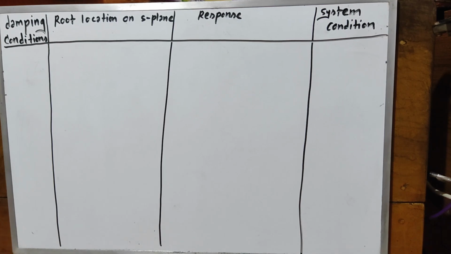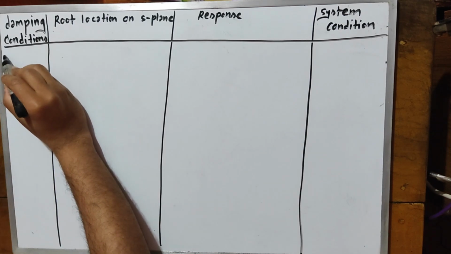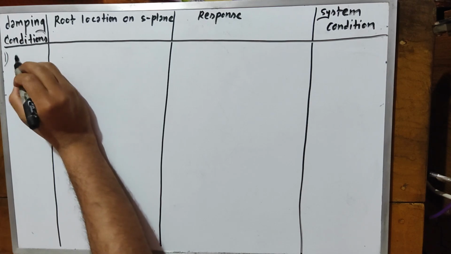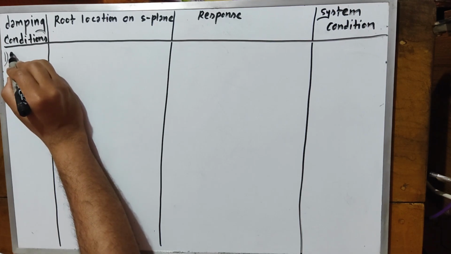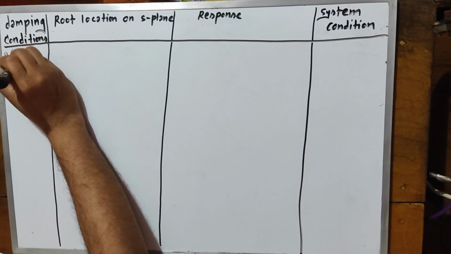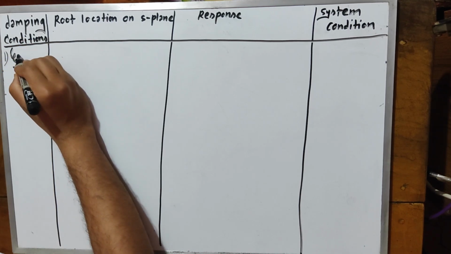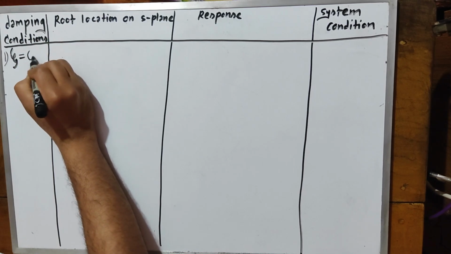Okay, so our first damping condition is when the damping ratio or damping factor is 0.